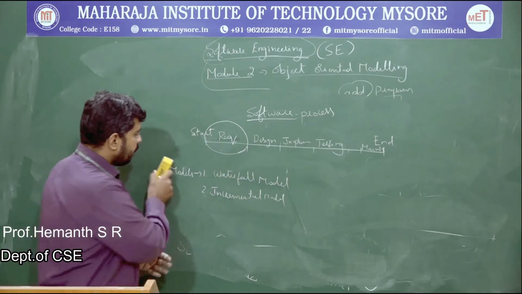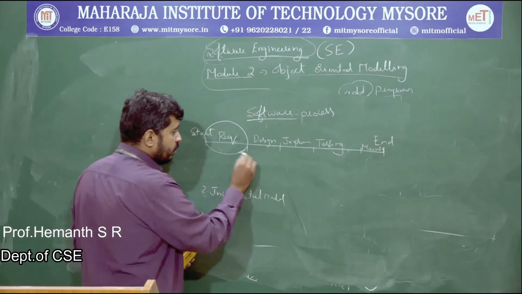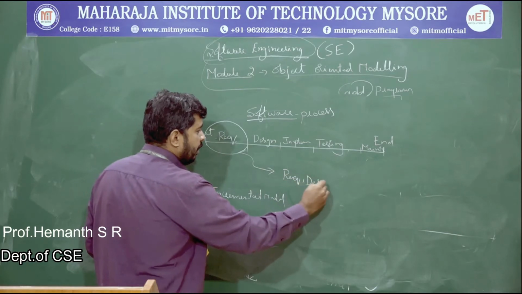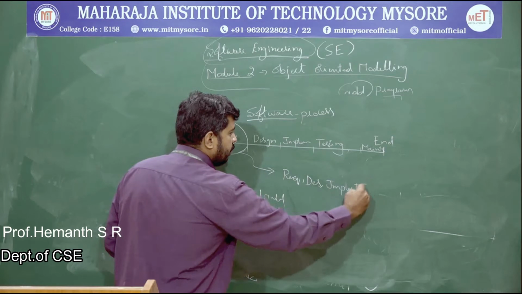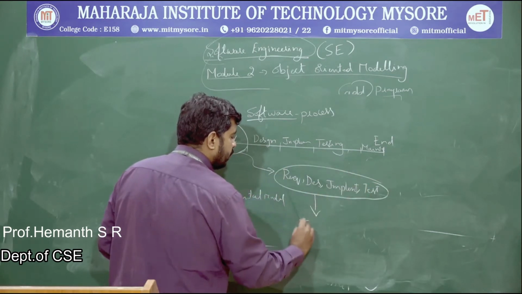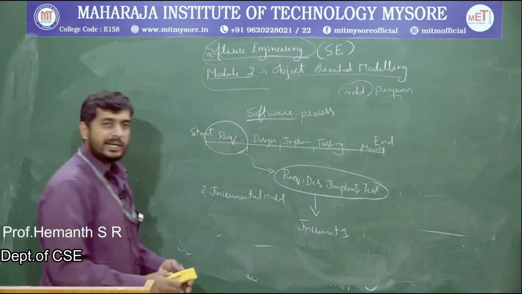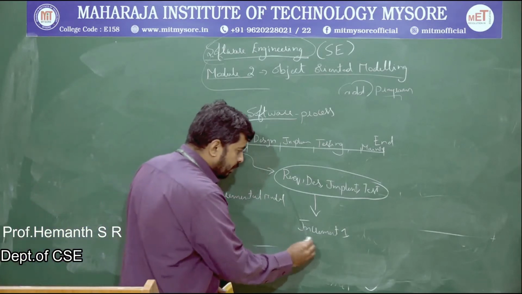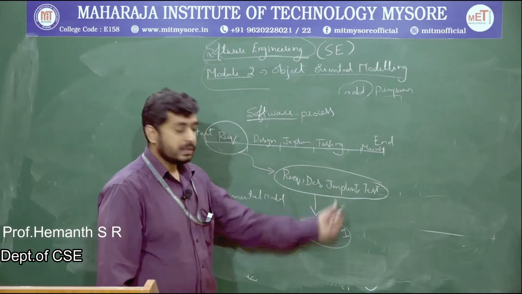Using these requirements, I will design, implement, and test the product and come out with increment 1, a small increment. After completing increment 1, I have a working prototype, because I have implemented it.